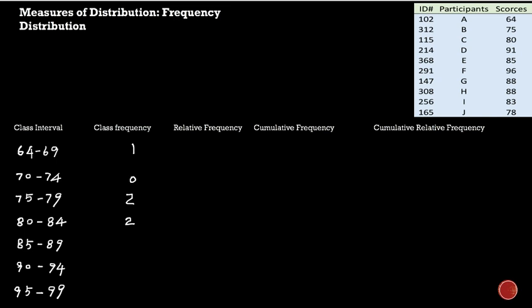And 85 to 89. We have 85, 88, and another 88. So we have 3. 90 to 94. We have 91, so we only have 1 here. 95 to 99, we have a 96, so we only have one.